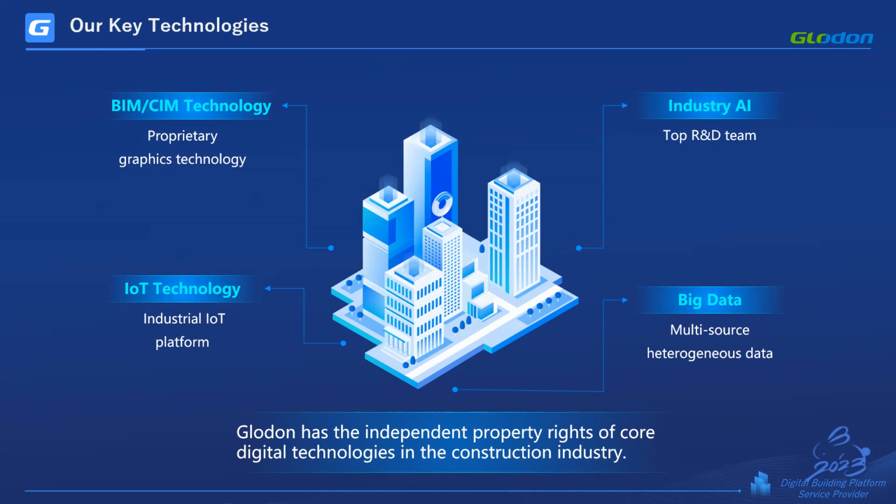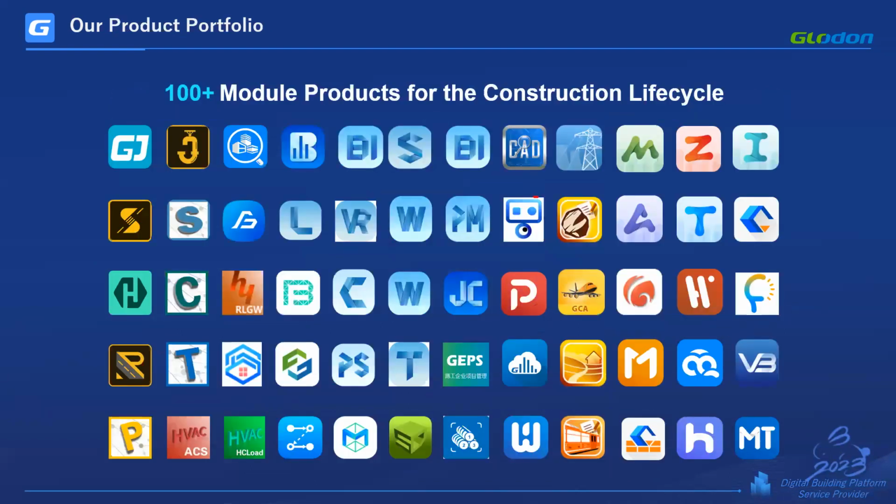We use the big data concept in order to develop our software, and we use IoT technology in our construction software. We have more than 100 products. CubiCost is one of them. We have advanced technologies like robotic technologies, and we have 3D mapping software as well. Glodon software can map cities. This is amazing.